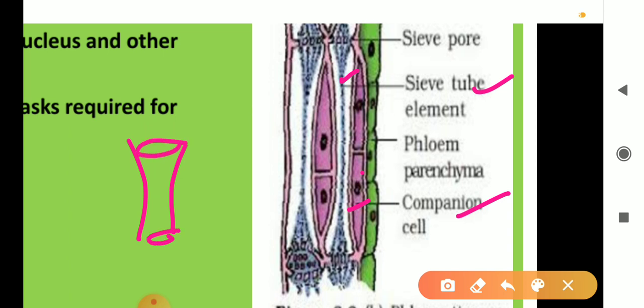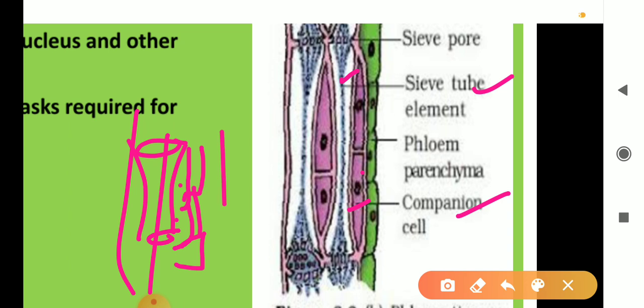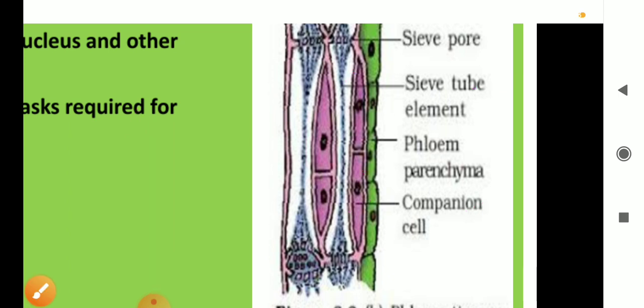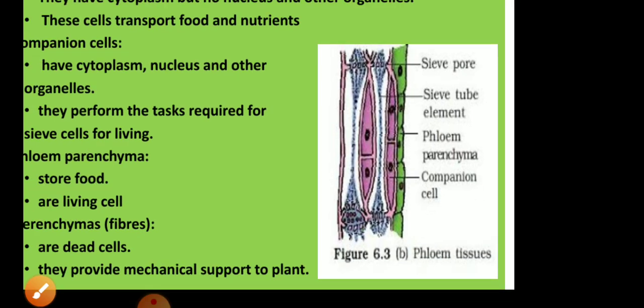This is a sieve tube cell, and these are called companion cells, and phloem parenchyma are present at the side, and the fibers are also present in between. These are the four main types of cells in it.